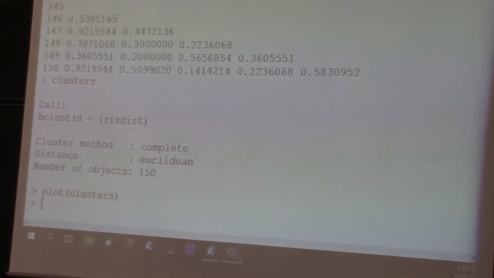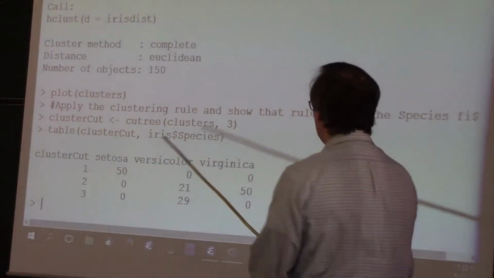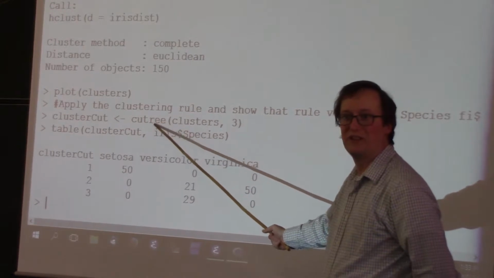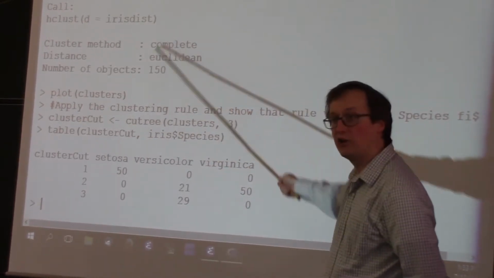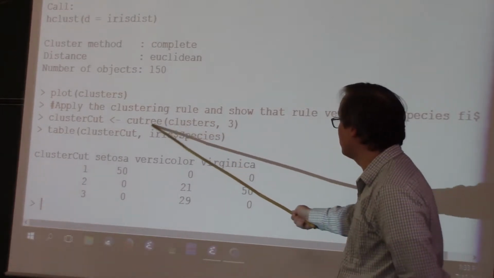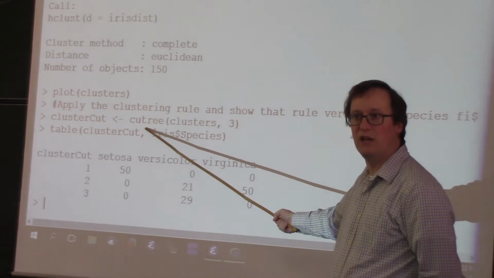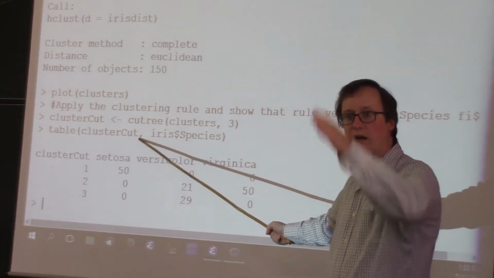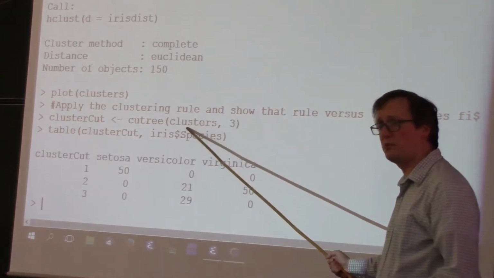All right, so I'm flipping back over to the console. I'm going to throw in two lines here. The first is that I've applied the cutree function. So I had a cluster that was derived from hierarchical clustering. I've now told the software, cut this tree wherever it will produce exactly three separations, three different segments, because we knew there were three species here.